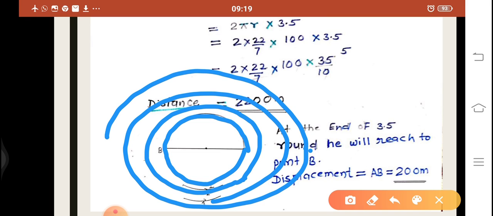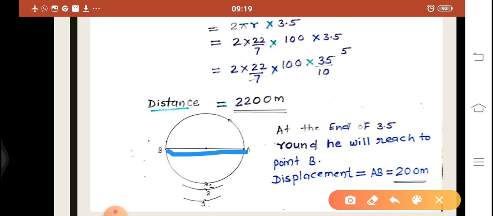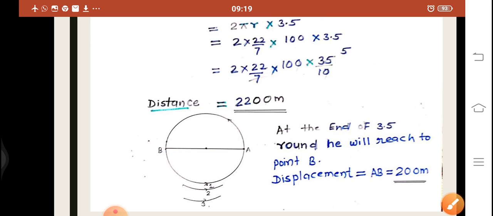So after 3.5 rounds, he will reach point B. So what will be the displacement from A to B? That is 200 meter. So the displacement will be 200 meter. Like this we can solve question number 1.